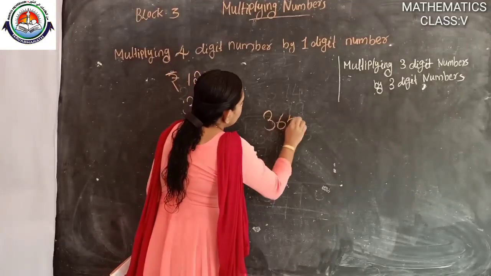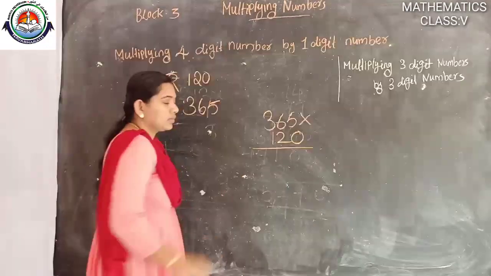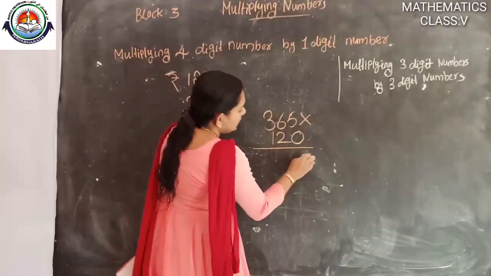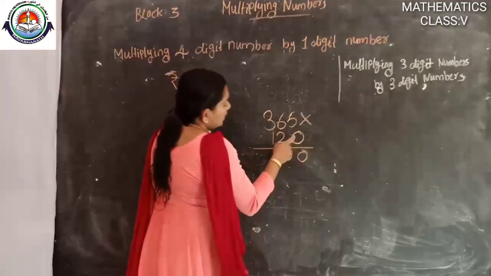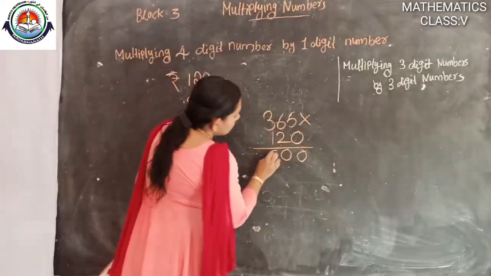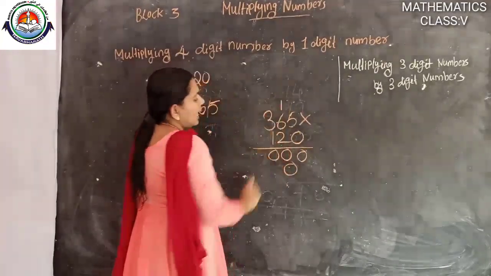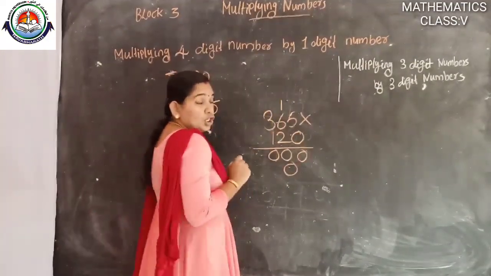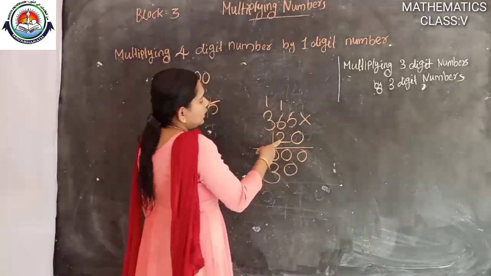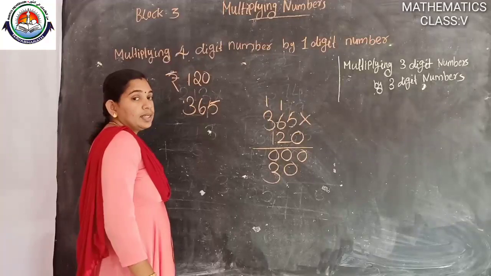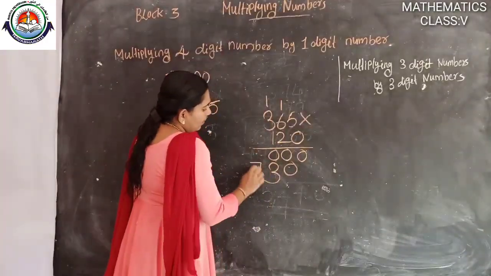365 into 120. 0 into 5, 0. 0 into 6, 0. 0 into 3, 0. Then 2 into 5, 10. We are writing 1 as a carry. 2 into 6, 12. 12 plus 1, 13. 1 as a carry. 2 into 3, 6. 6 plus 1, 7.